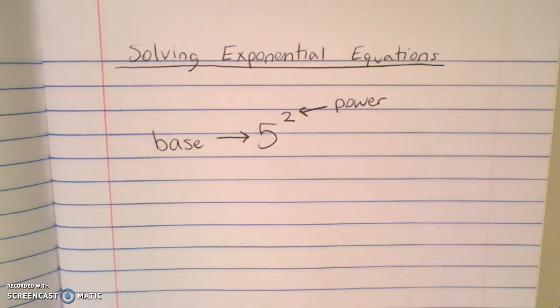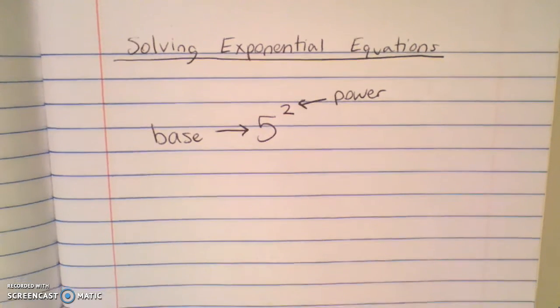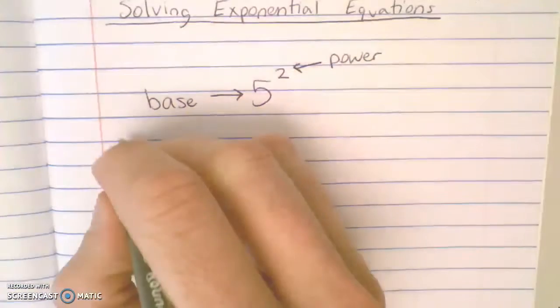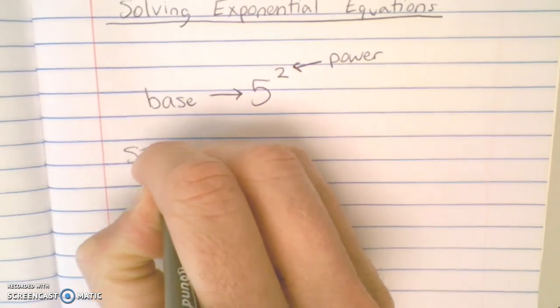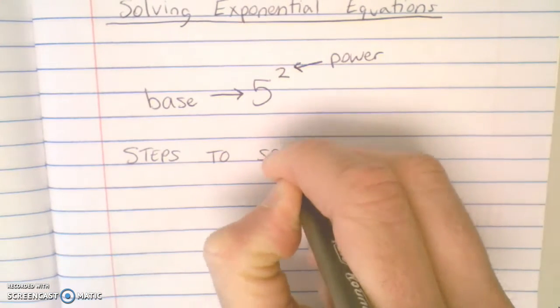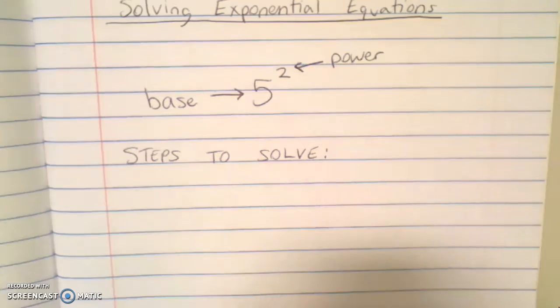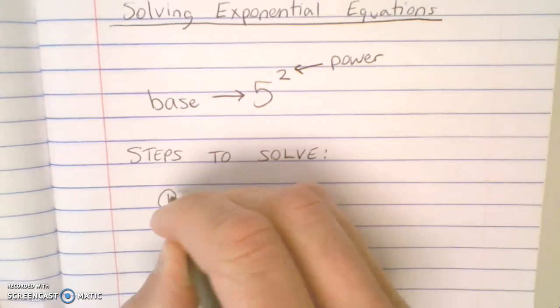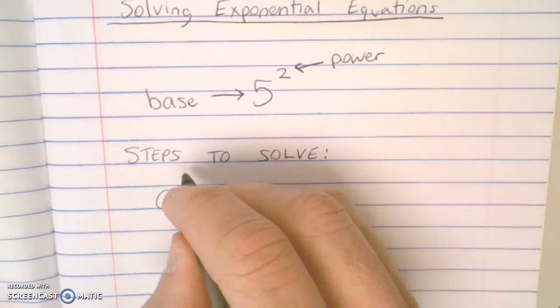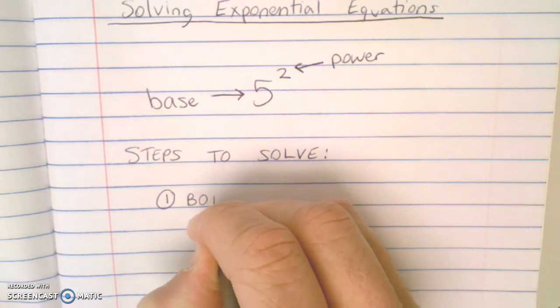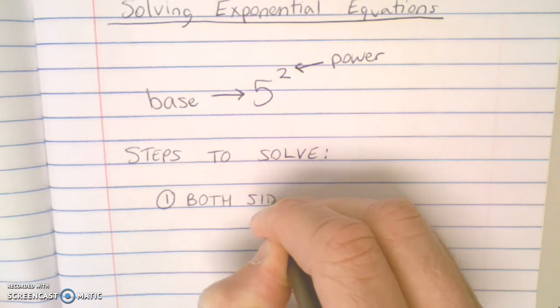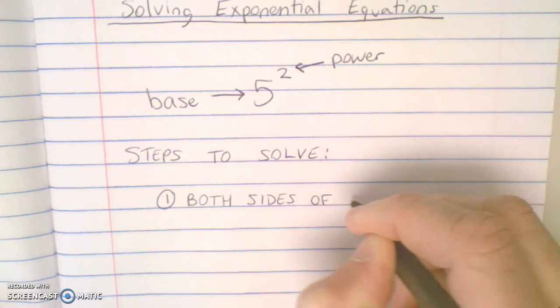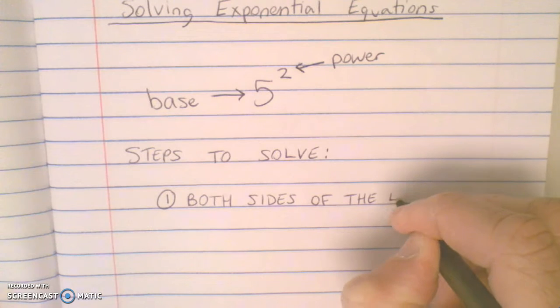So when you're solving exponential equations, there's a couple steps to follow. The first step is to make sure both sides of the equation have the same base.